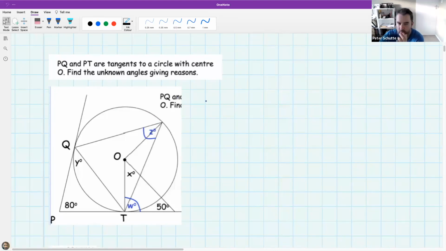Notice how we're mainly figuring out the size of angles at this stage. Okay, so that is a tangent. And that is also a tangent. Keep those answers coming, everyone.